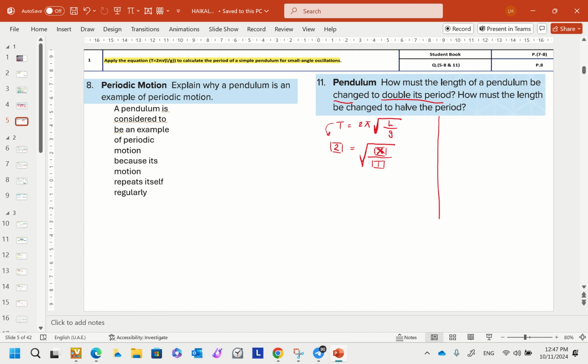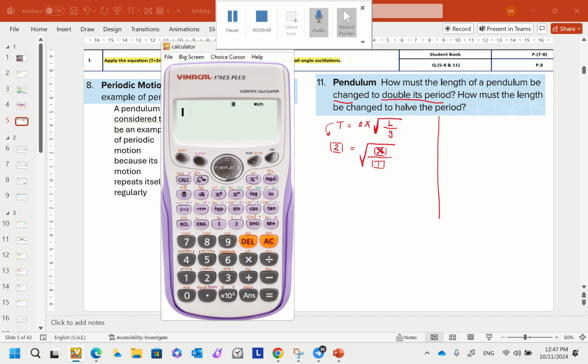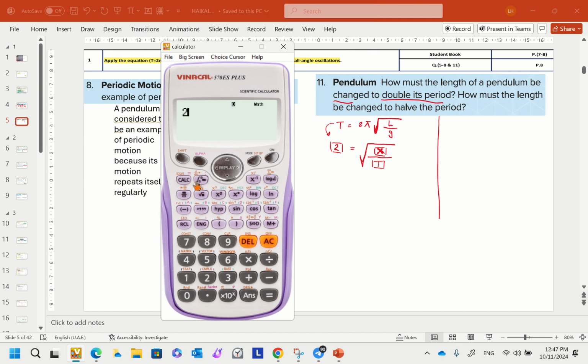So I'm going to place x in the unknown, which is how the length of the pendulum should be changed. So now using the calculator, I'm going to place 2 equal to the square root of the length of the pendulum, and since I want to find out the factor, I'm going to place x. G was kept constant, so nothing happened to it. I'm going to pick 1. And then shift calc equal.